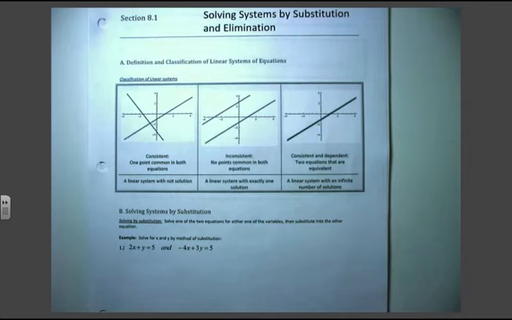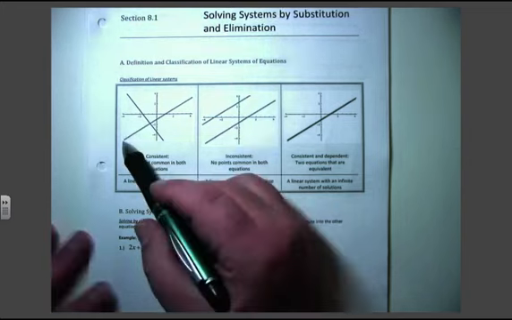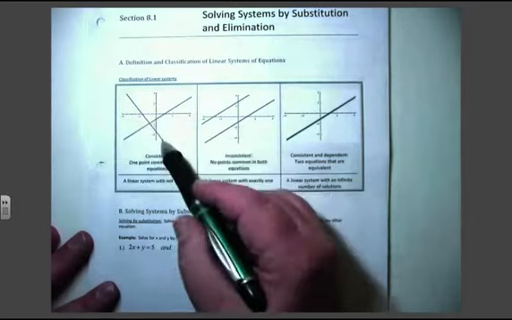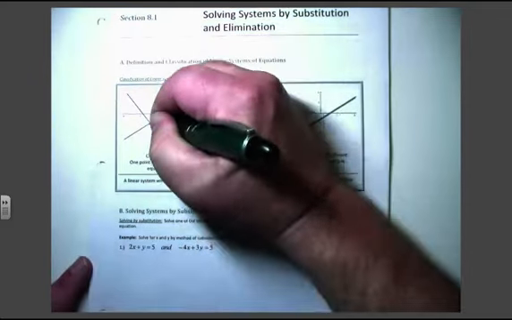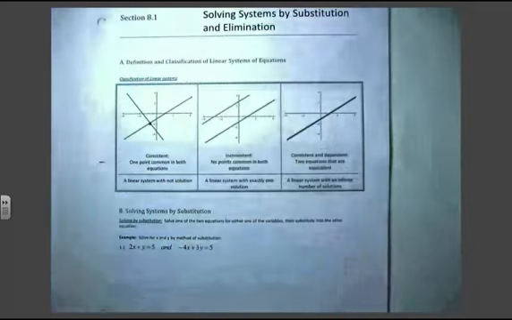Basically, we're looking at linear equations. Linear means lines. So, from a graphing perspective, let me show you what kind of answers you can get. If I graph one equation and I graph the other equation, the solution for solving the system of equations is called the point of intersection. So in this particular problem, we have a single point of intersection.